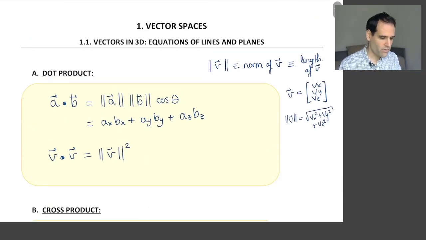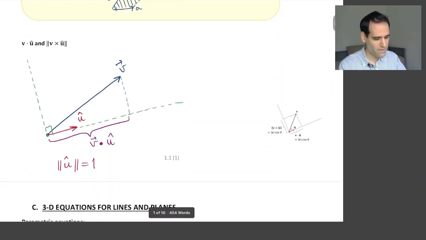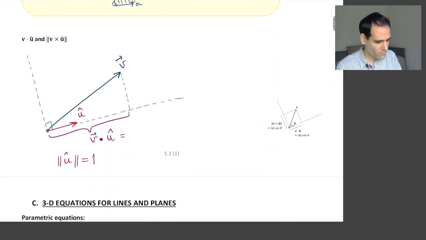Because if we look at the equation for the dot product, V dot U unit vector will be the modulus of V times the modulus of U, which is 1 because it's a unit vector, times the cosine of the angle between them. So it will be equal to the modulus of V times the cosine of the angle between them. And the angle between them is this angle here. So that's V cosine of this angle, which gives you the projection of V onto this axis.